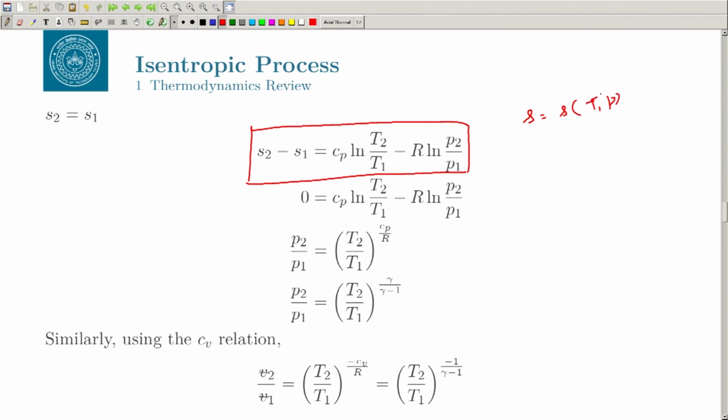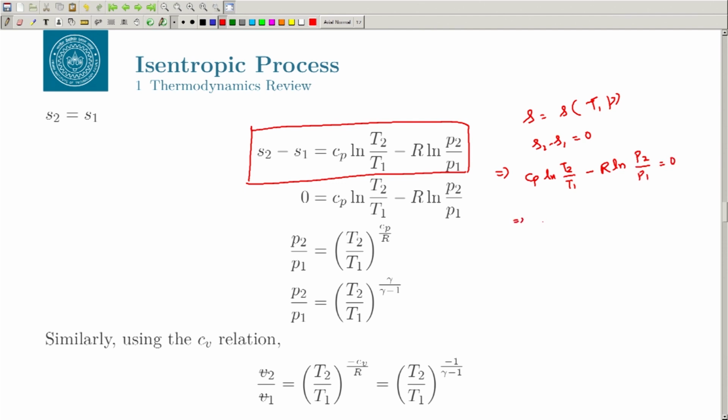So, if the flow is isentropic, then S2 minus S1 will be equal to 0. In that particular case you can write Cp ln T2 by T1 minus R ln P2 by P1 equal to 0.